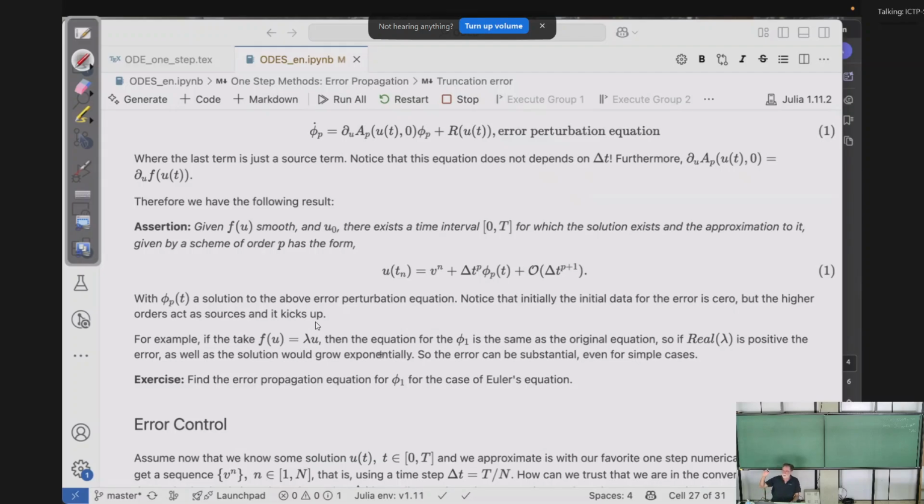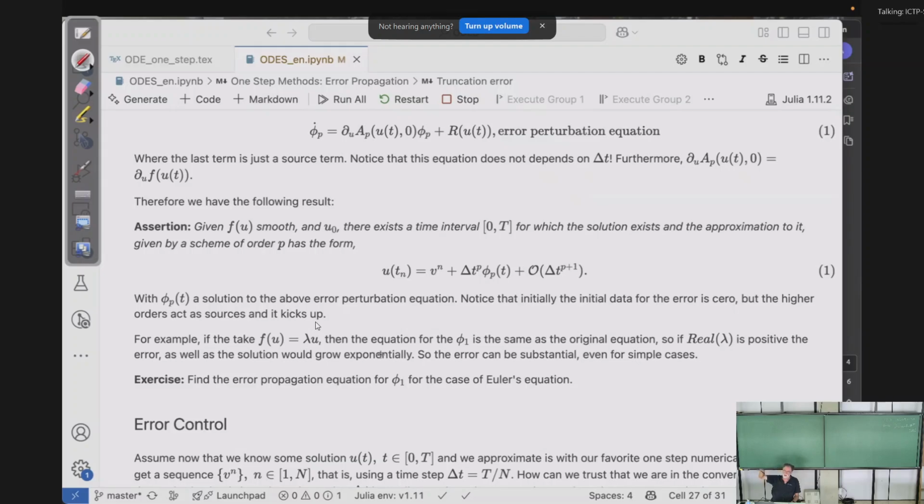There will be, but if you take delta t smaller, they will become smaller, unless f is not smooth. But if f is smooth, the remainder is controlled. It's something that you know is there and it scales like that. It's something finite.